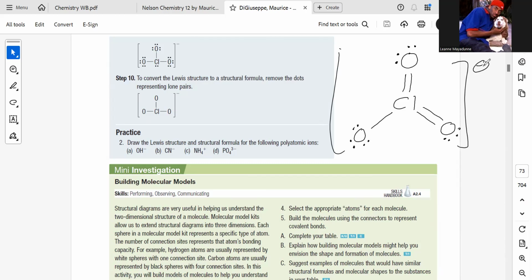However, we started the discussion with the expanded octet concept. So now you have one pair over here, second pair over here, third pair over here, fourth pair over here, and fifth pair over here. And you also had one lone pair.